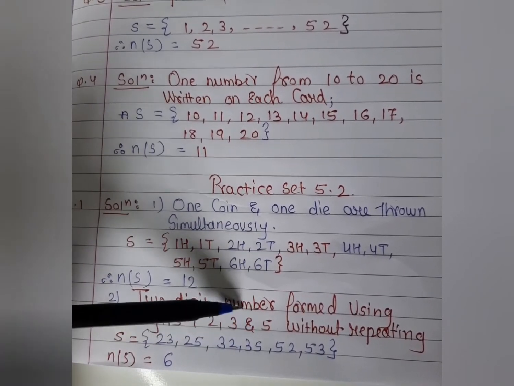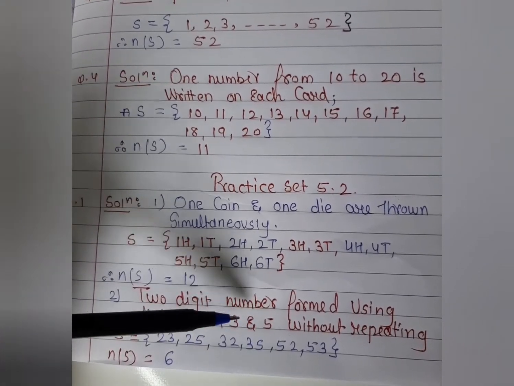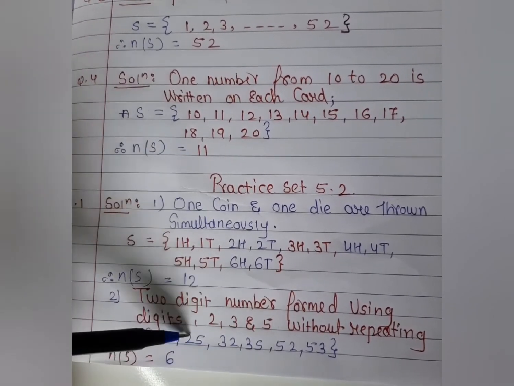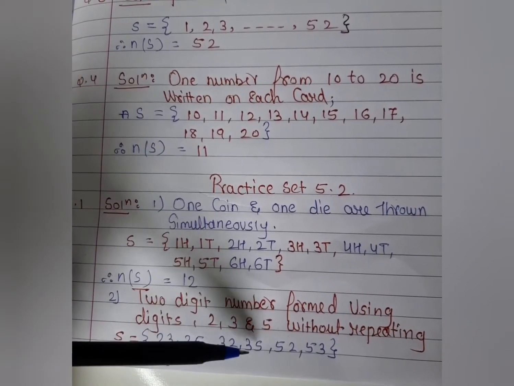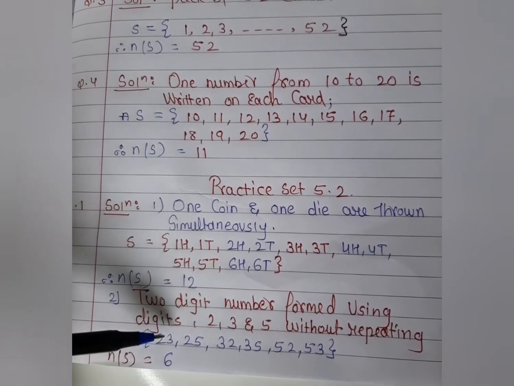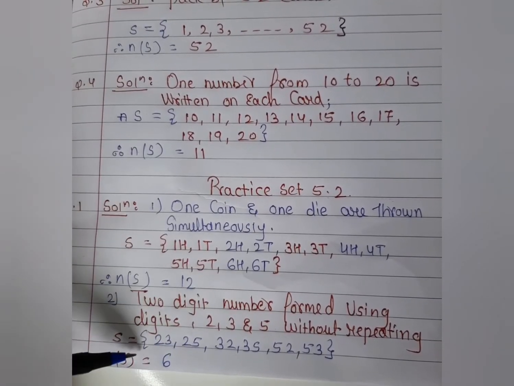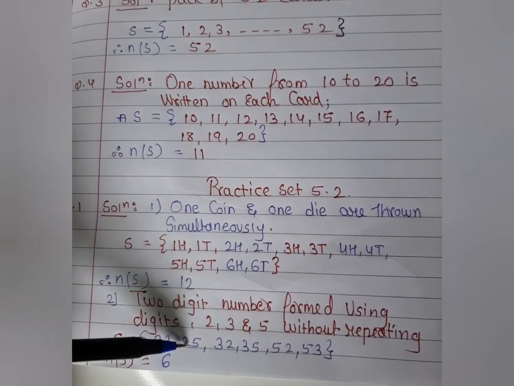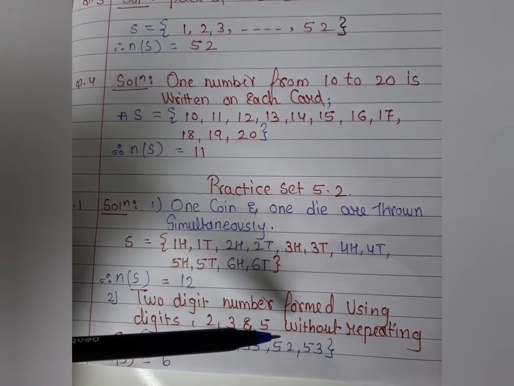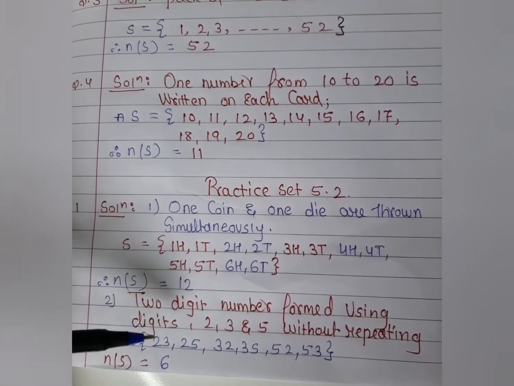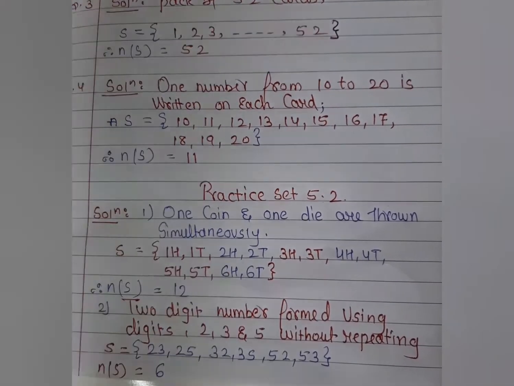Then 5: 5, 2 is 52, 5, 3 is 53. In this way, students, you can see all numbers are in 2-digit form, and they are not repeating. So the number of cases is 6: 1, 2, 3, 4, 5, 6. So n of S is 6 here, students.